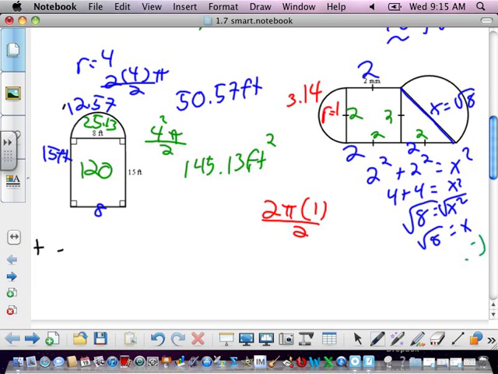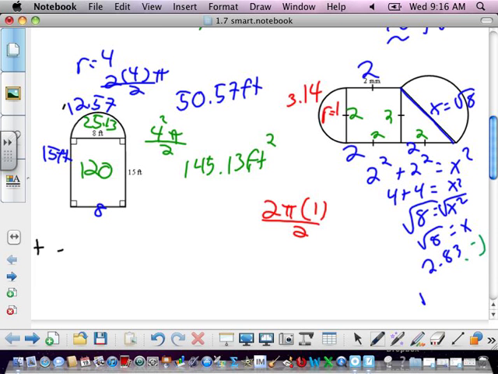All right, so right here, we have the square root of 8. Let's figure out what that is in decimals, because that might make our lives easier. 2.83 approximately. But that's the length through the whole circle. So that's the diameter, and I want the radius. So how am I going to find the radius? Divide by 2.